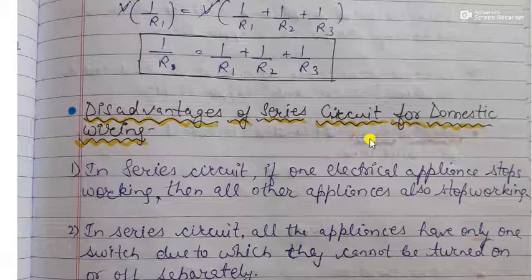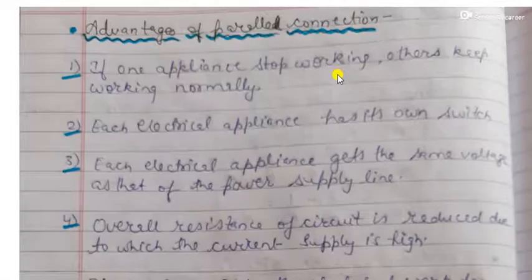So in our homes we have the parallel circuit. Now we will see what the advantages of parallel connection in domestic wiring are. So students, in parallel connection, if one electrical appliance stops working, the others keep working normally.